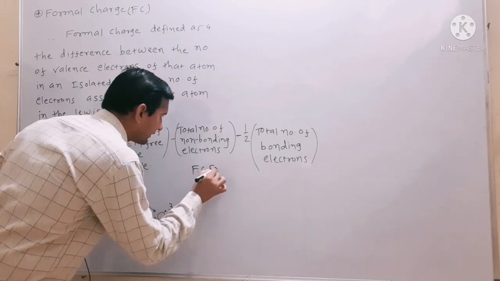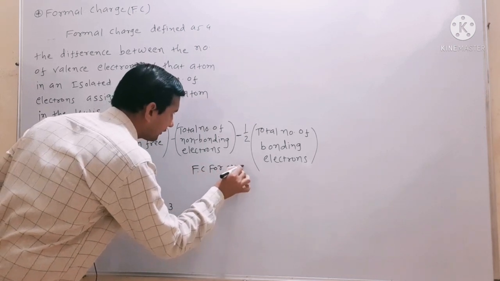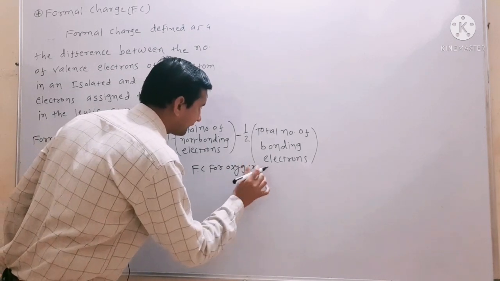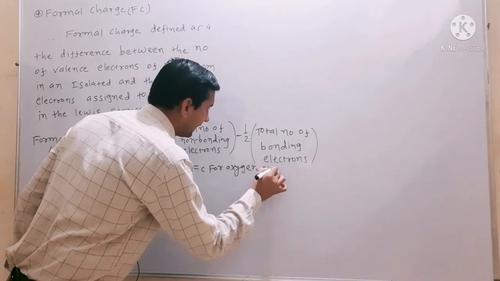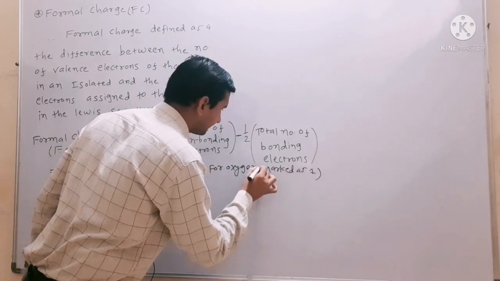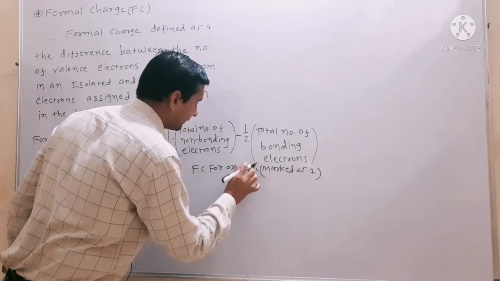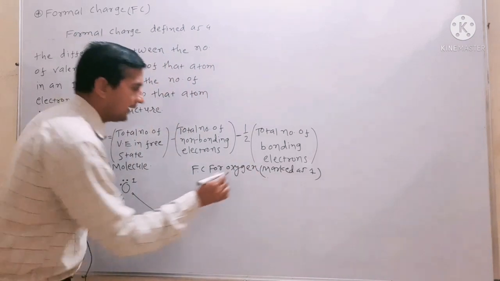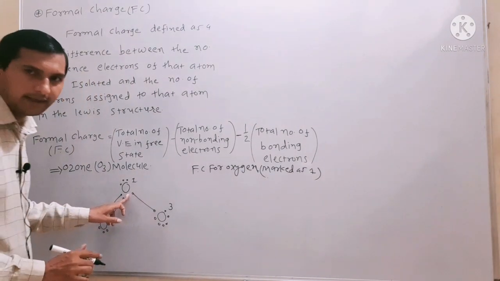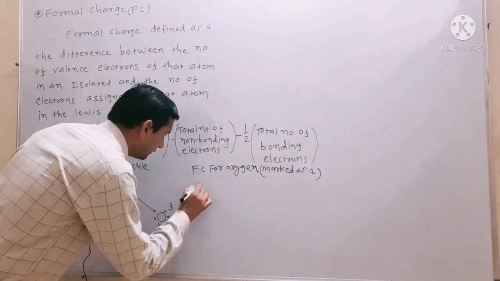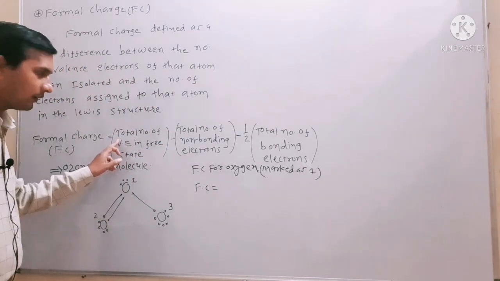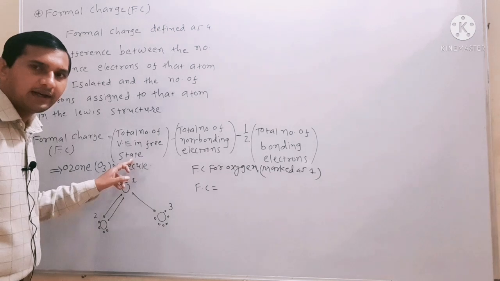Formal charge for oxygen, which we mark as 1. Now formal charge equals the total number of valence electrons in free or isolated state.